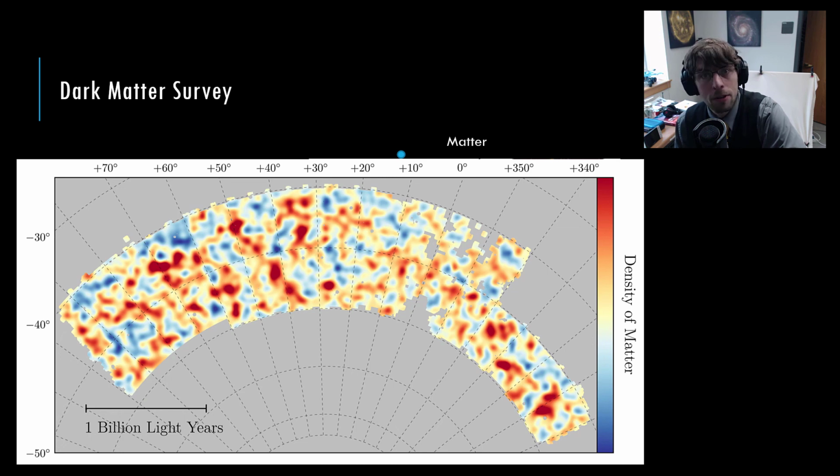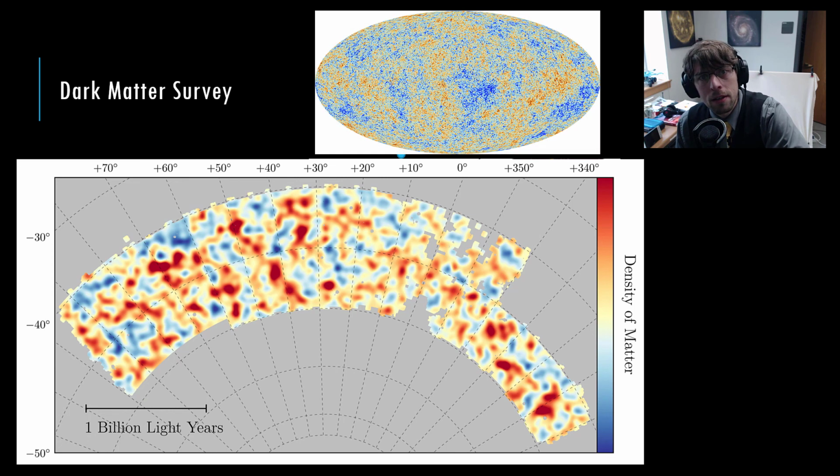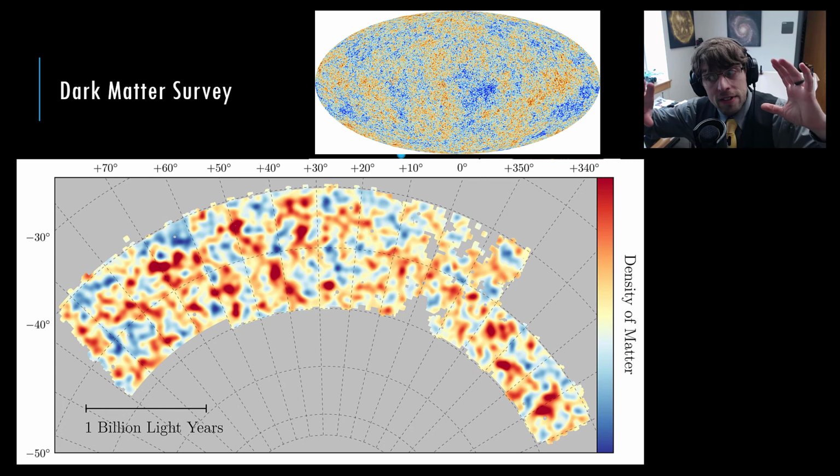I don't know about you, but to me, it kind of reminds me of the CMB, right? The cosmic microwave background. If you remember, we said the cosmic microwave background essentially represents small differences in temperature in the very early universe.